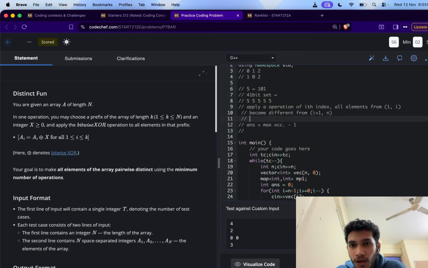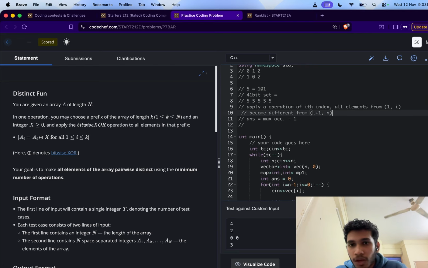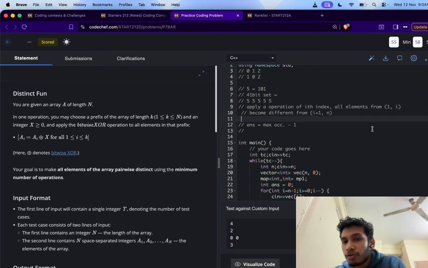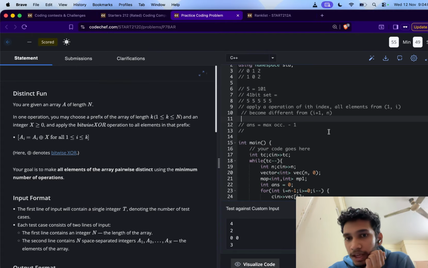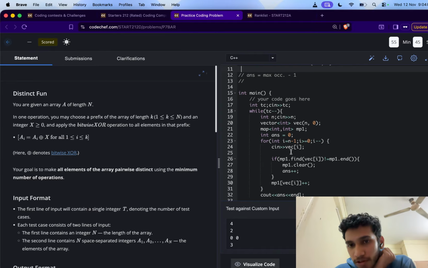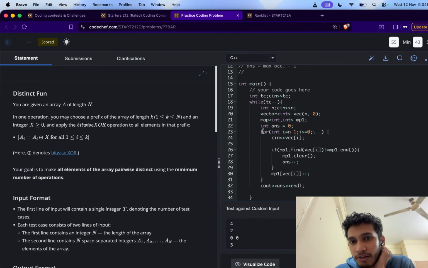Because we have set a bit in this number from 1 to I, which was not present from I plus 1 to n, this number became unique, and that's what we have to check in our implementation. So what did we do in our implementation? We moved from right to left.